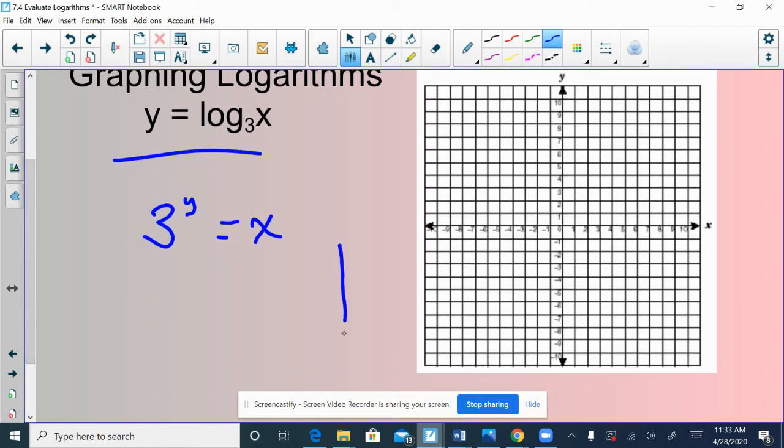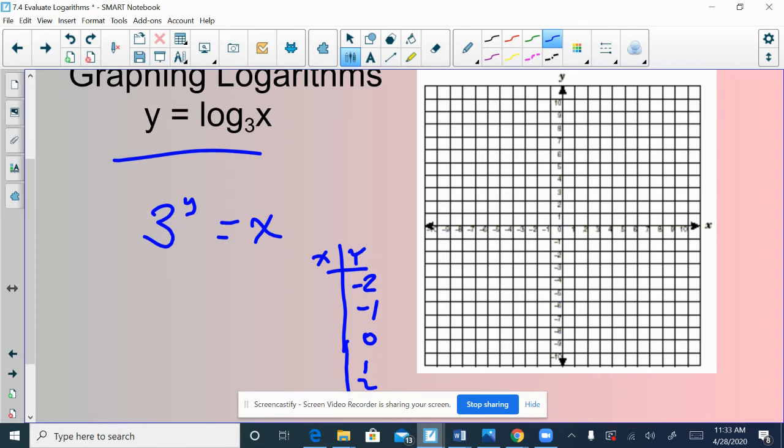This is going to be weird because generally things are equal to y. But when you do this conversion from log form into exponential form, those get switched. And so we have 3 to the y equals x, and that's actually the reason why we plug these things in for y. Let's say we didn't do that. We plugged them in for x, -2 in for x. You'd put a -2 in here, and you'd be like, hey, what do I take 3 to the power of to get -2?